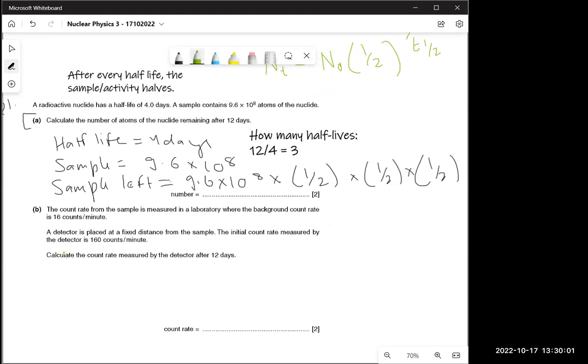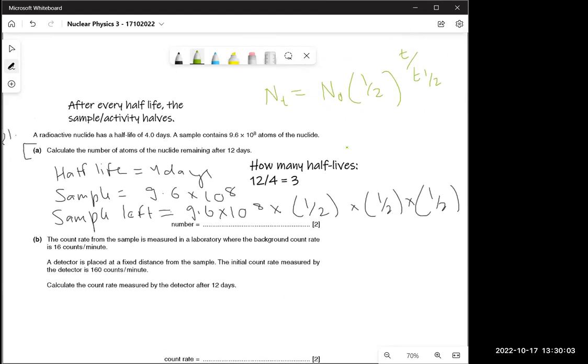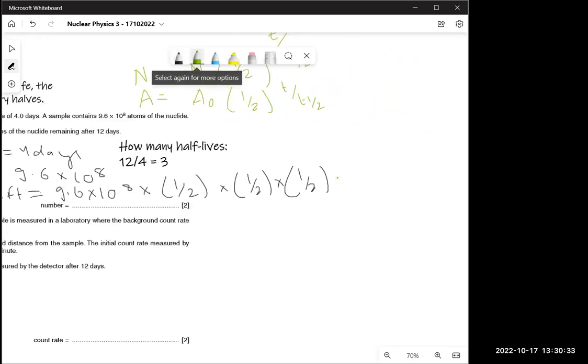Then you divide 12 by 4 days: 12 is the total number of days divided by the half-life, which is 4 days. That gives 3 times. So you multiply it by 1/2, or half, 3 times.